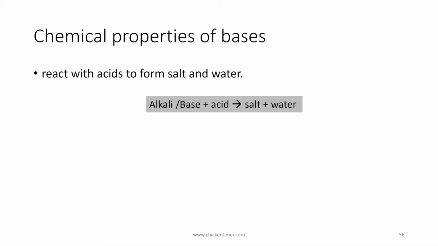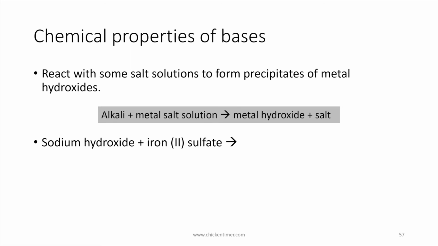Okay, properties of bases. Bases will react with acid to give you salt and water. This one shouldn't be any issue. Then it reacts with some salts to form a metal hydroxide and another salt.